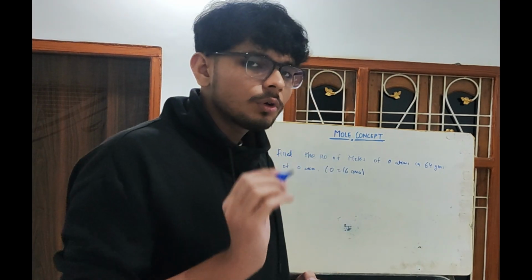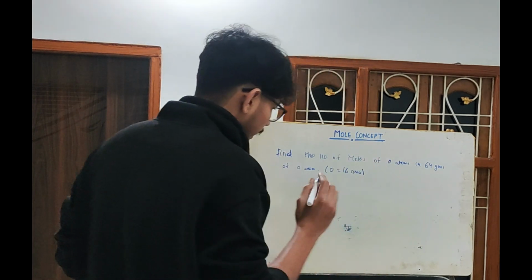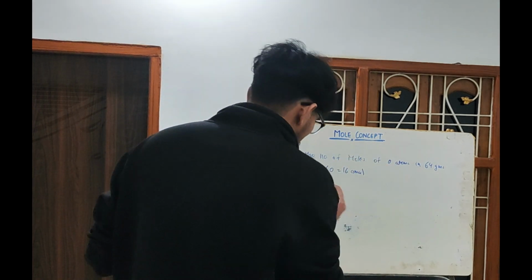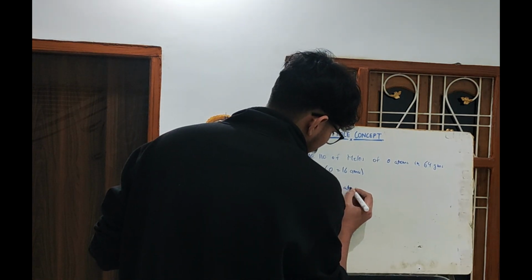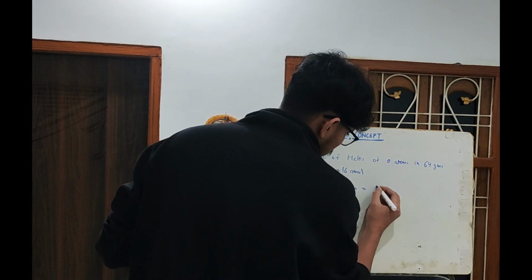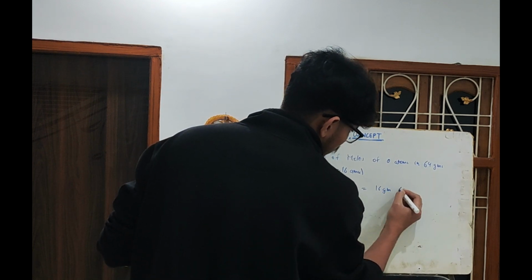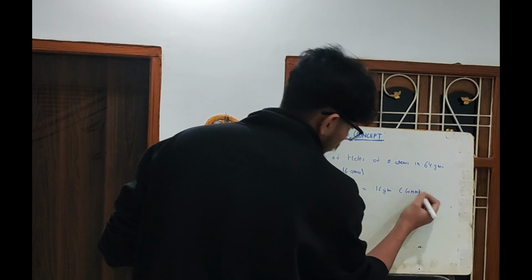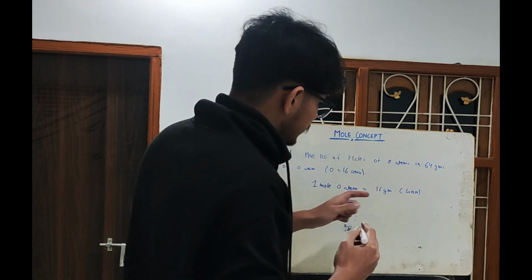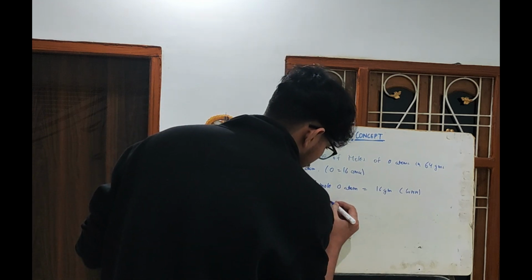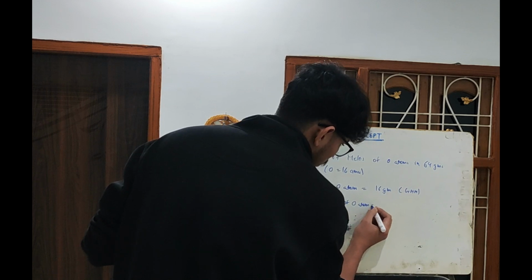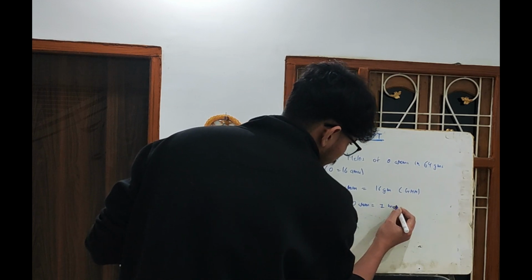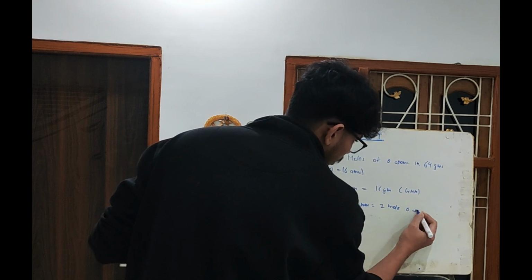Now, 1 mole of oxygen atoms is 16 grams, the GMM. So in 16 grams of O atoms we get 1 mole of O atoms. Correct?